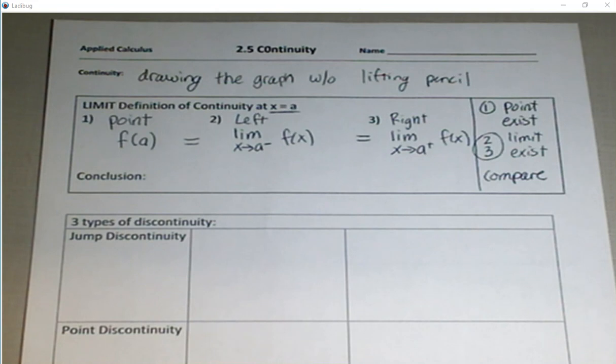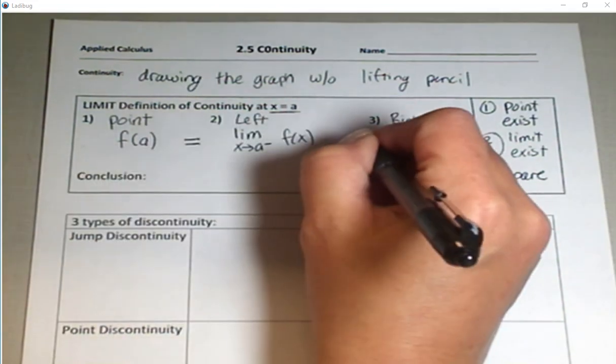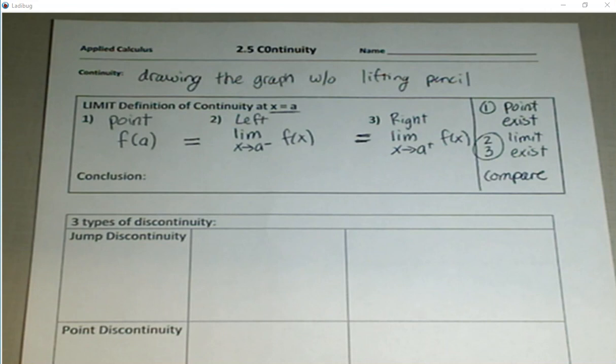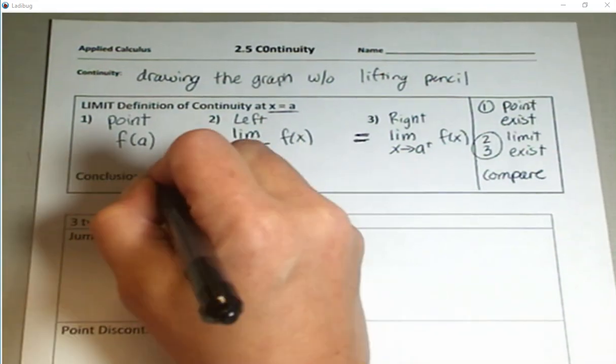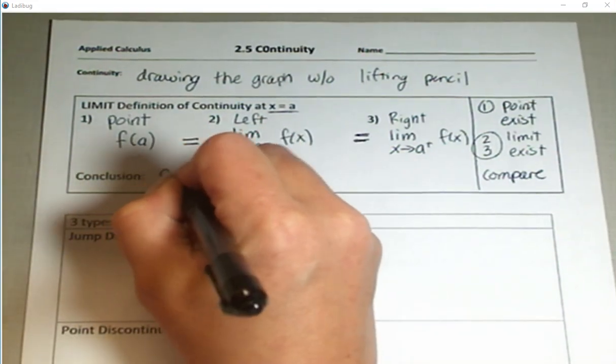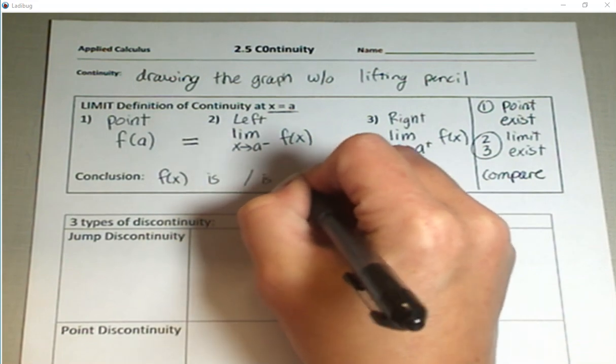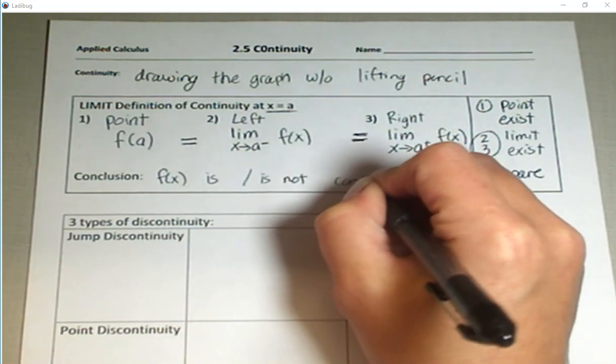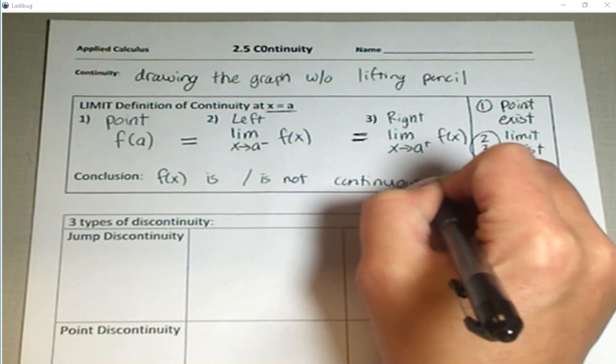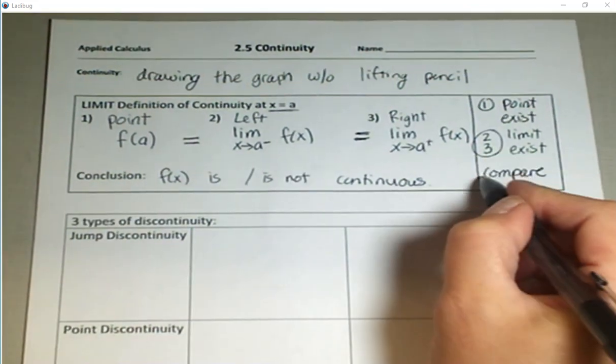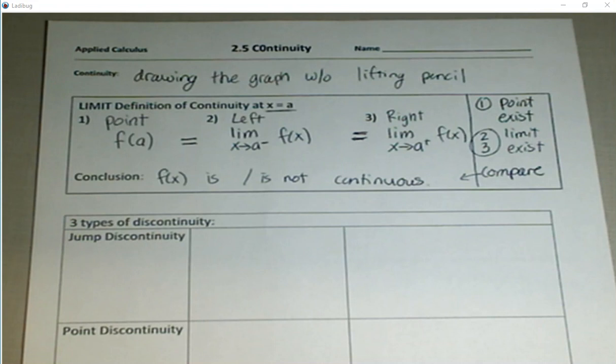If they're all equal, it's continuous. If they're not, that's when you get these different discontinuities. So the conclusion, f of x is or is not continuous. And that's based on how you compare those three values that you have found.